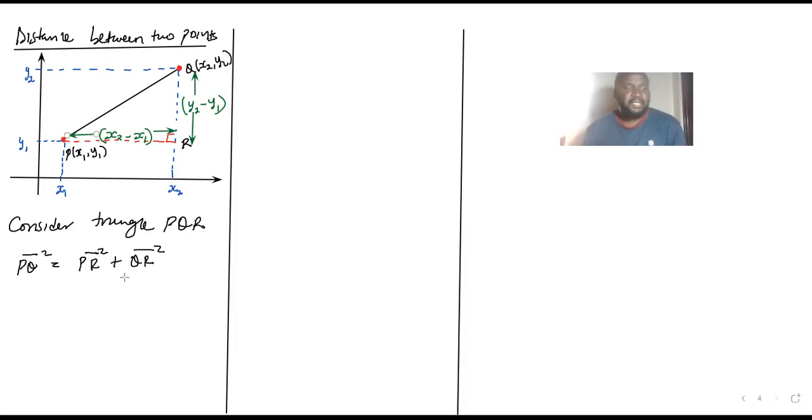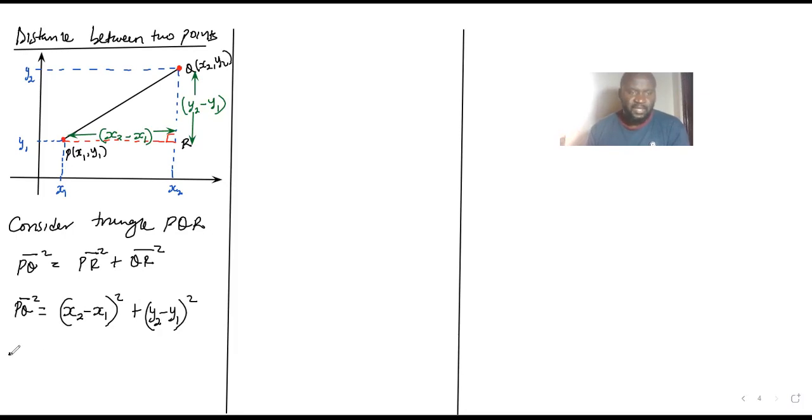So if those are our distances, then we are going to expect the following. P2 is the distance we are looking for. It is going to be equal to (x2 minus x1) squared plus (y2 minus y1) squared.